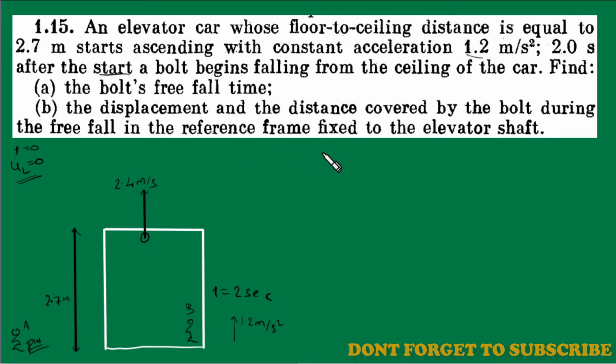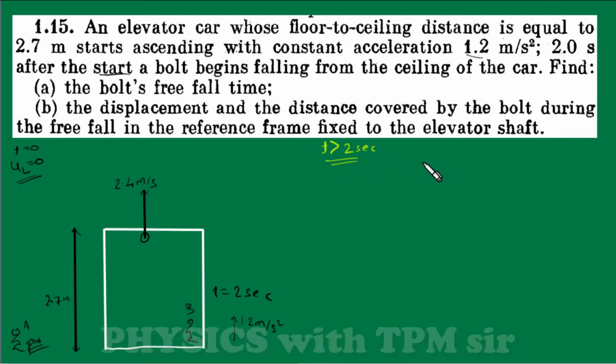So this bolt now has an acceleration, for t greater than 2 seconds, because after 2 seconds only we have started observation. After t is equal to 2 seconds, acceleration of the bolt will be equal to 9.8 meter per second square, and let me put minus because I am taking upward as positive for this person on the ground.